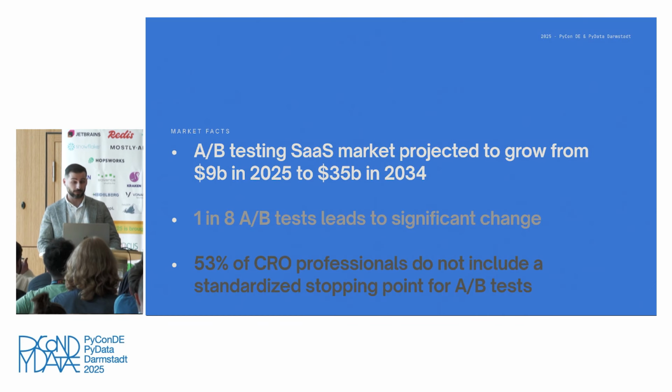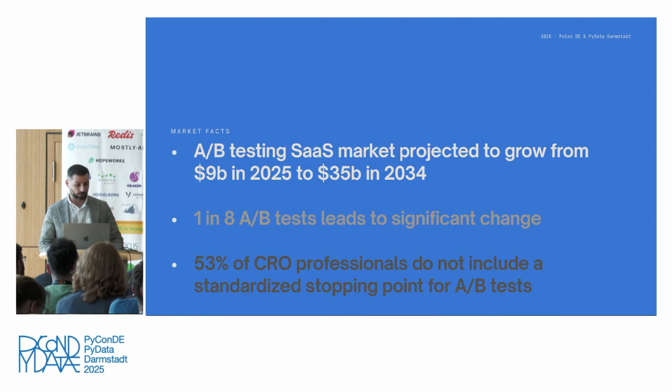Do they also lead to change, but are they significant or not, or are they bad? It doesn't tell us that. What we do know is about 50% of CRO practitioners do not include a standardized stopping point for A/B tests. This could mean anything, like either they have a valid optional stopping rule or they're just peeking at their data.